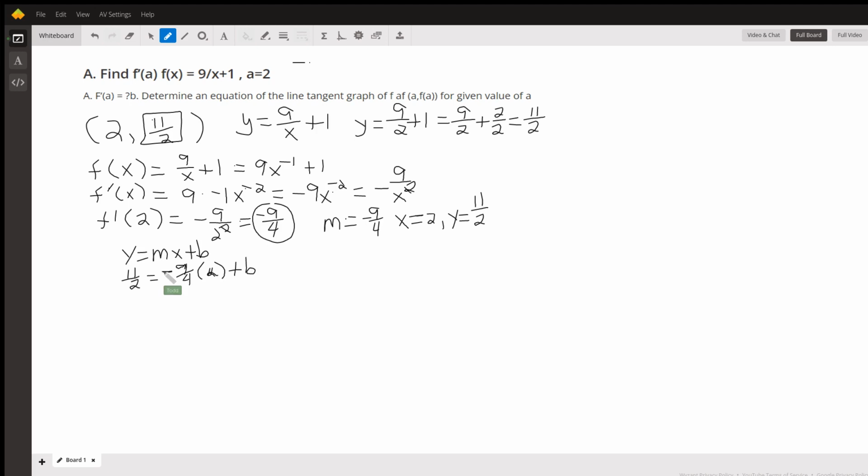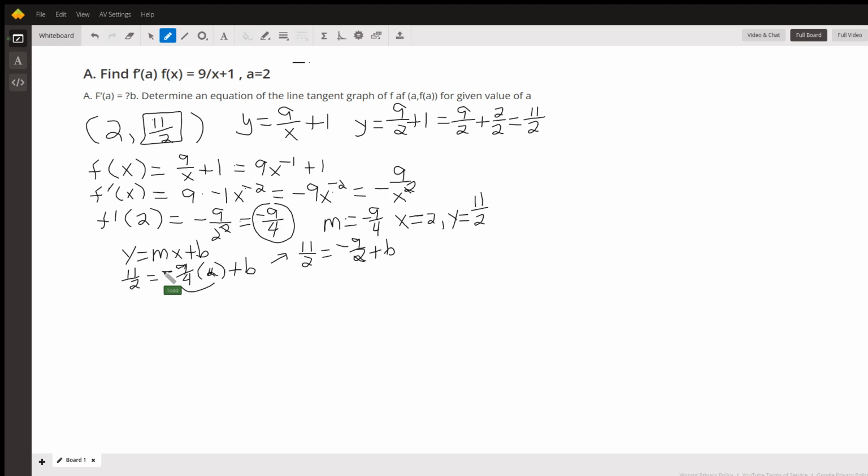Okay, solve that for b. So 11/2 equals negative 18/4. When I multiply these together, I think of that as negative 9/2, plus b.